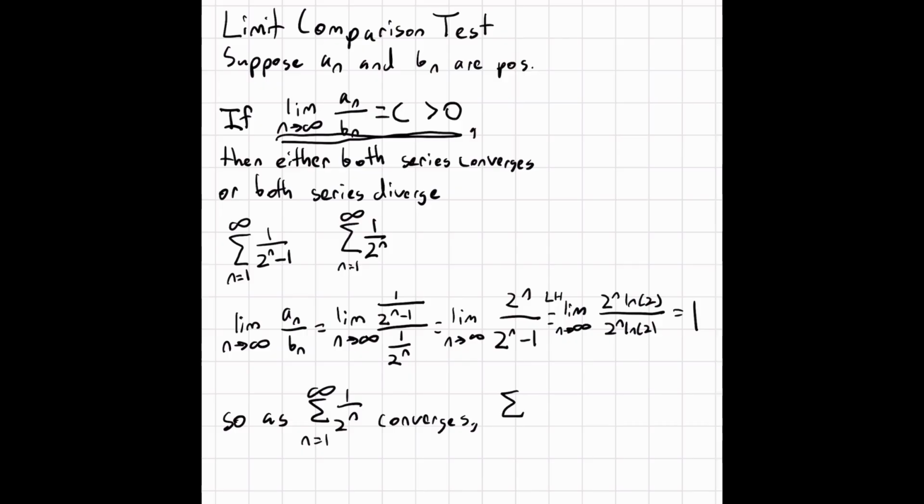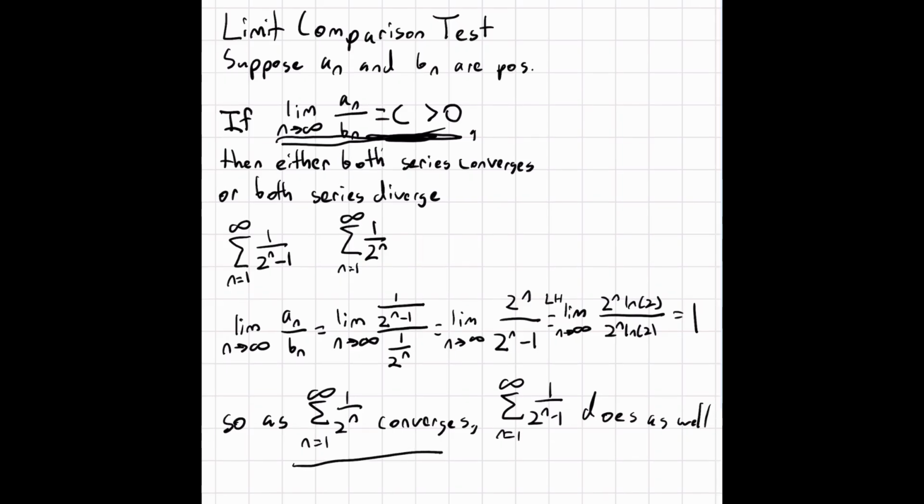So must this one. Because they're asymptotic, that's the word. The limit comparison test says that they have a finite ratio with this limit. That means that the two series have the same behavior. One converges, the other one does as well. So that's the idea here.